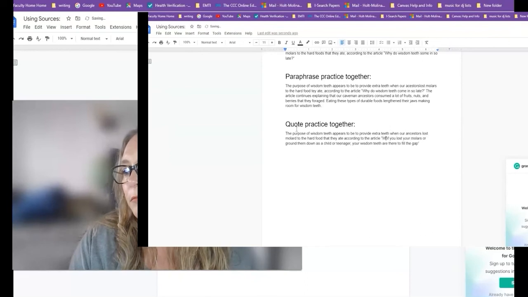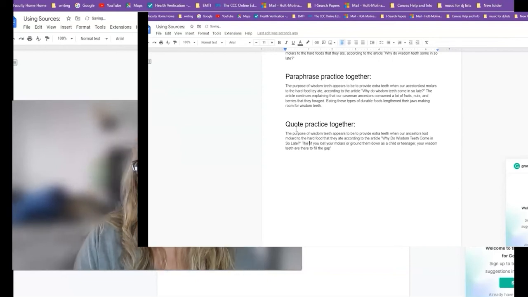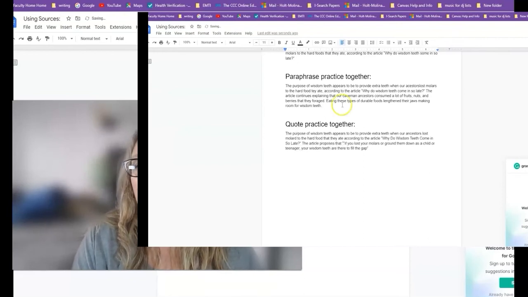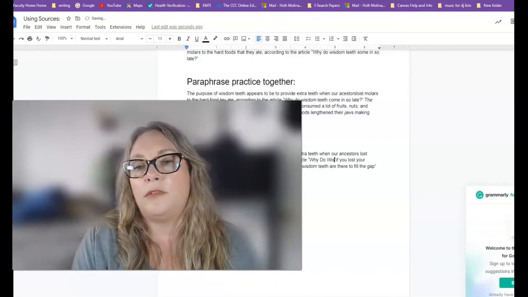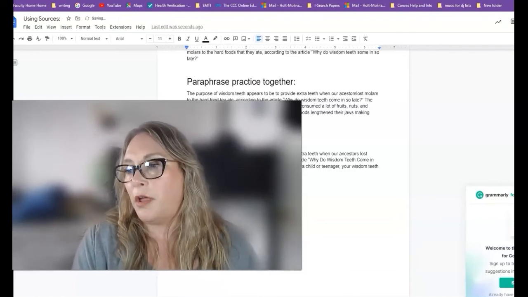appears to be to provide extra teeth when our ancestors lost molars to the hard foods that they ate, according to the article. Why do wisdom teeth come in so late?